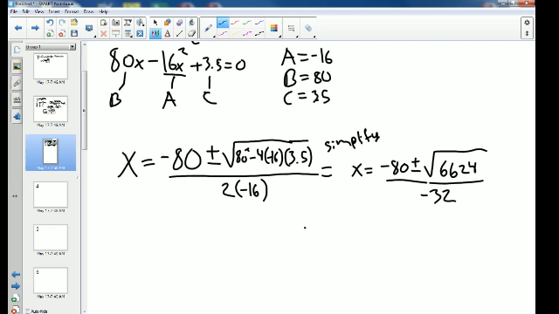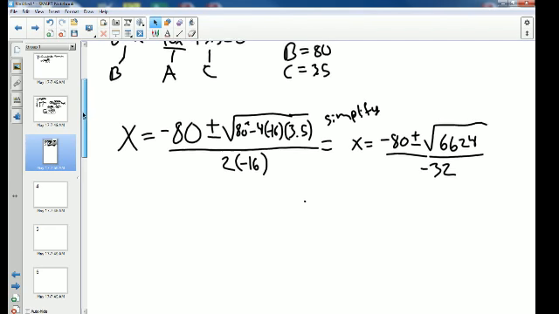From there, you're going to want to use a calculator to get the square root of 6,624, and then you're just going to add 80 and subtract 80. So you're going to get two equations you need to find the answer to.